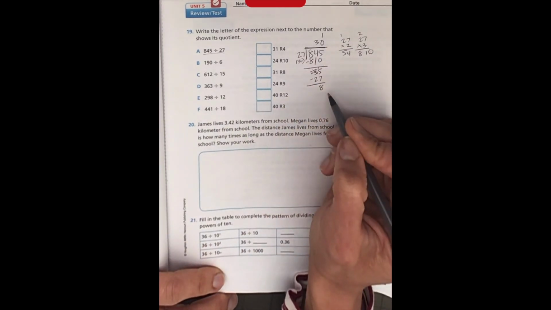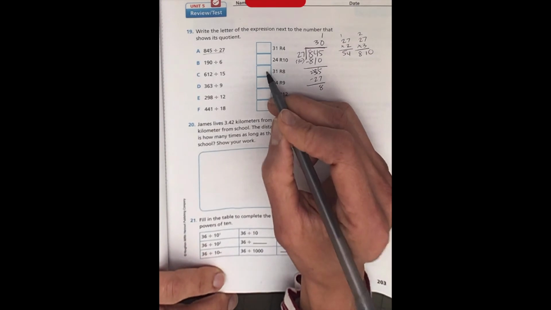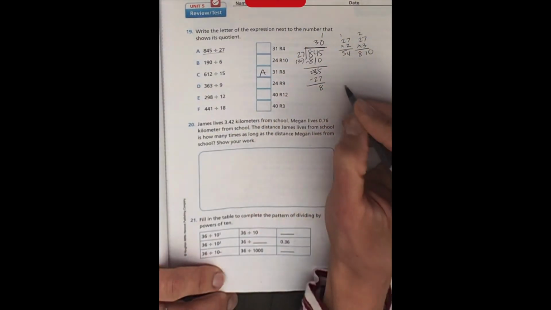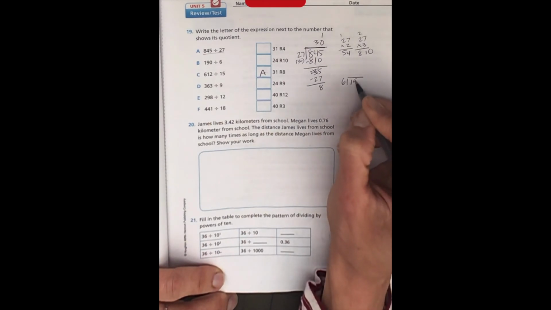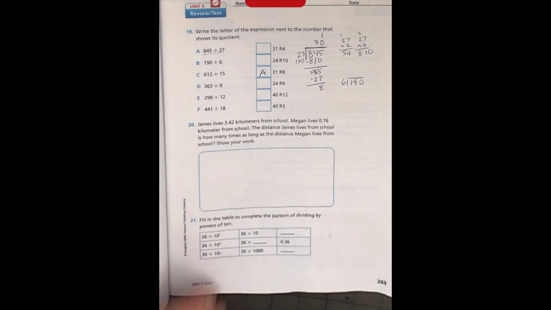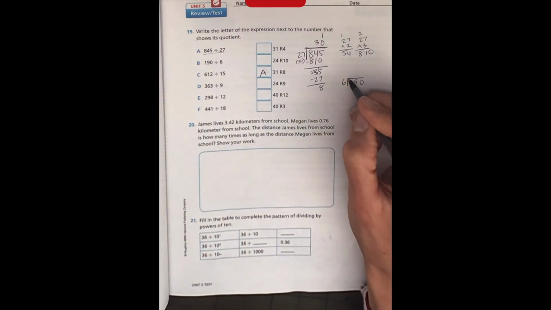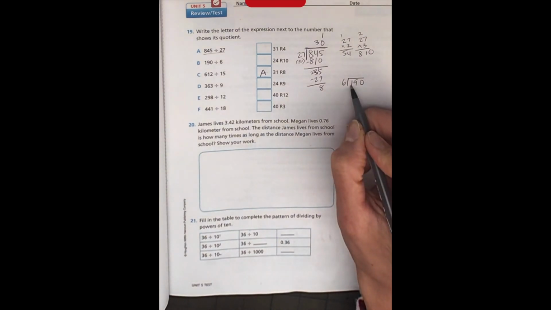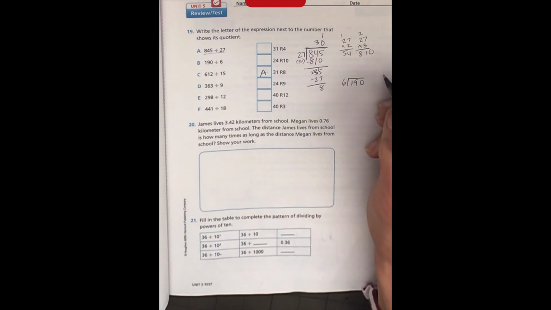So 31, remainder 8, right there. So that's A. Let's take a look at B. I have 6 divided by 190. I'm going to do expanded notation again. 6 goes into 190.